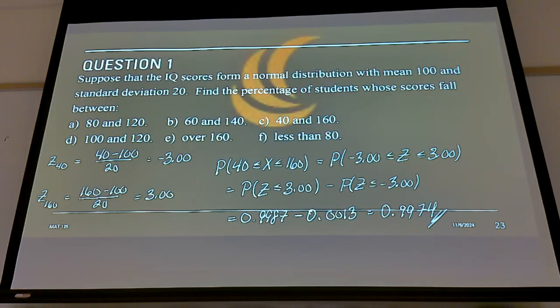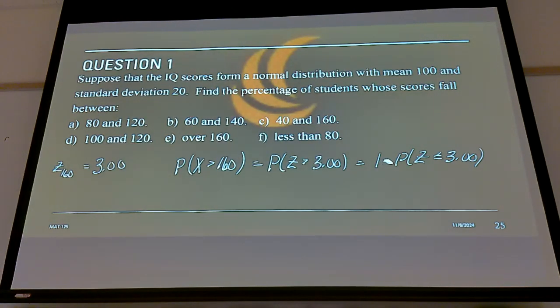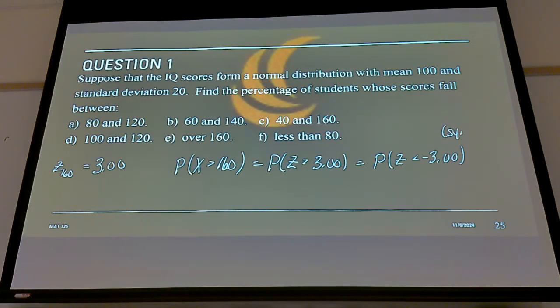Oh, which means we could just use symmetry again and say that that probability is the same as this probability. So I'm actually going to do that instead of the 1 minus. By symmetry.